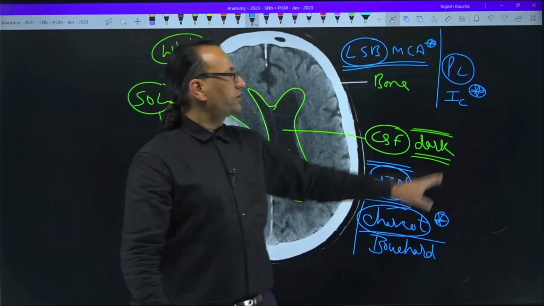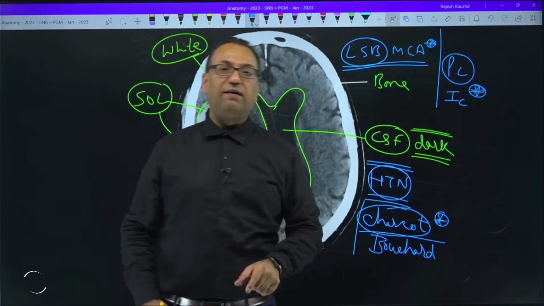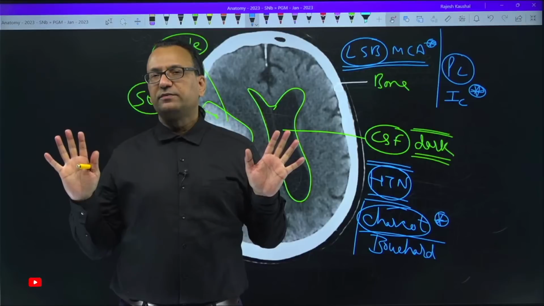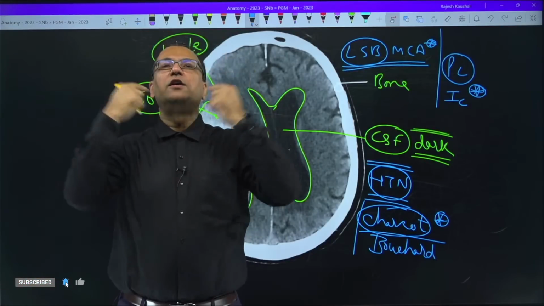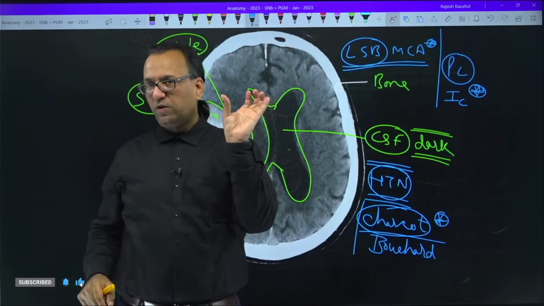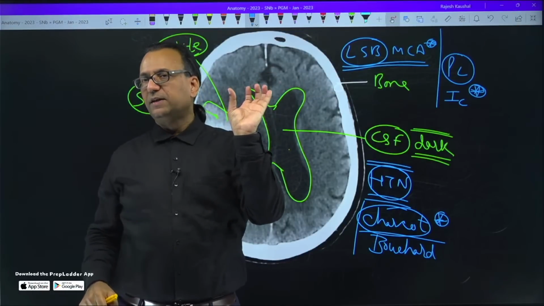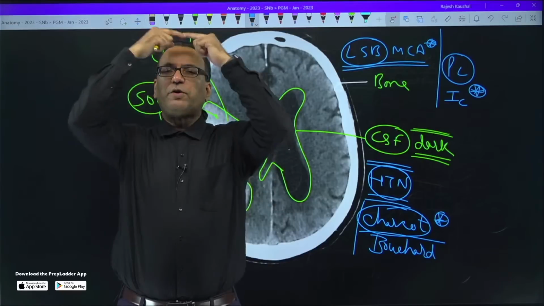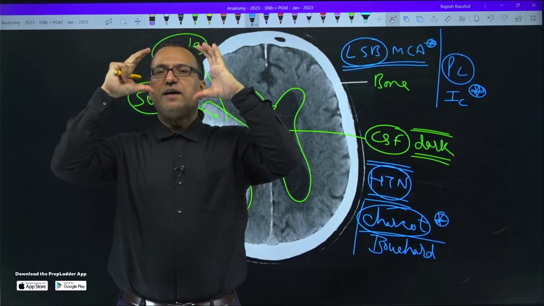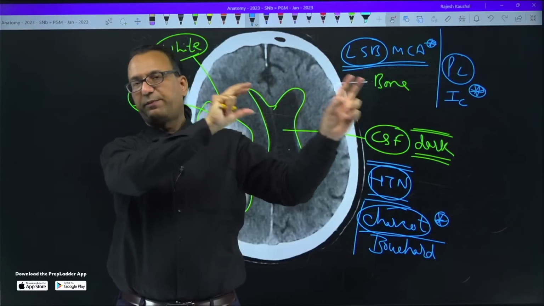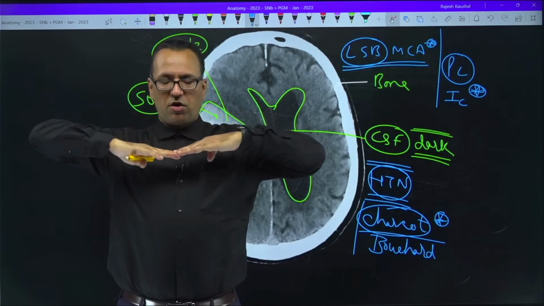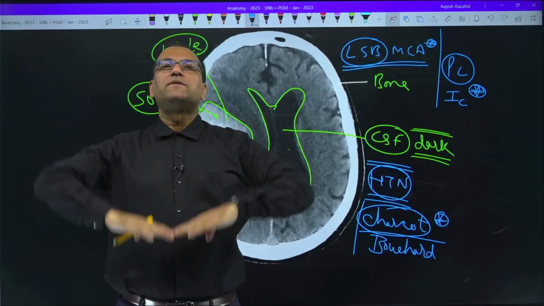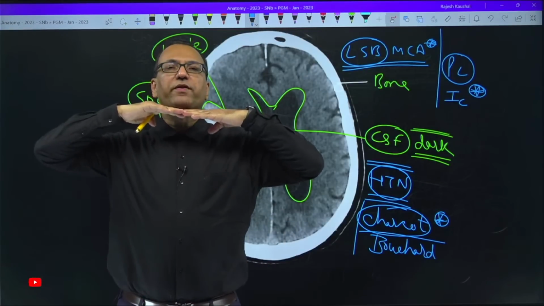Because in the posterior limb of internal capsule you have sensory motor fibers below the head region, because head sensory motor fibers pass in the genu, having separate arterial supply. But for upper limb, the trunk region, lower limb, all the fibers pass in the posterior limb of internal capsule.